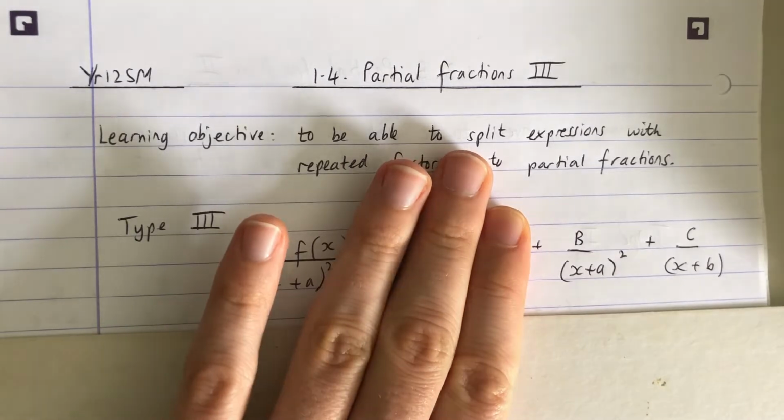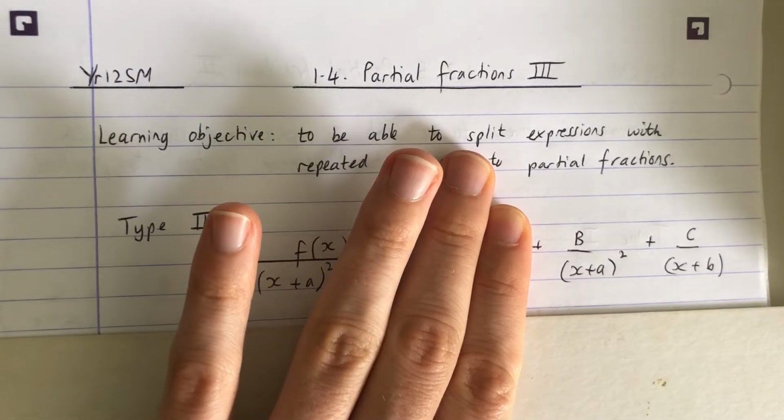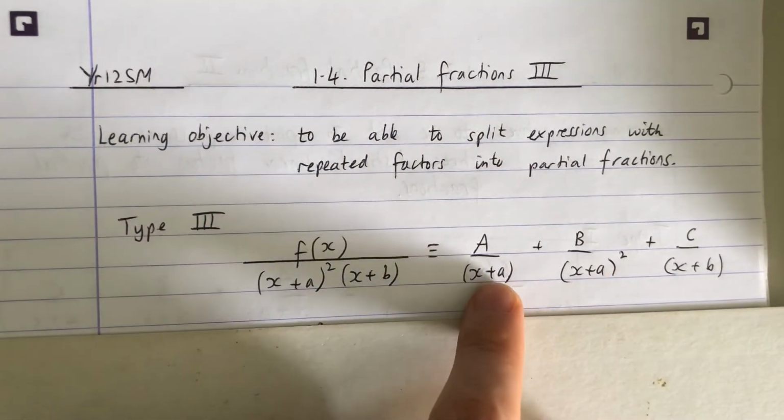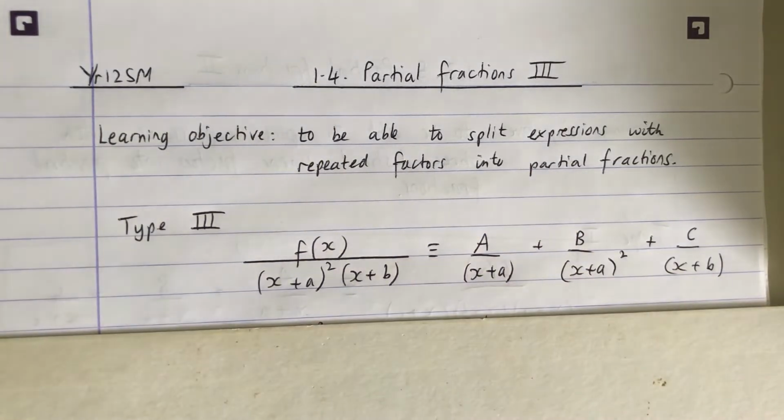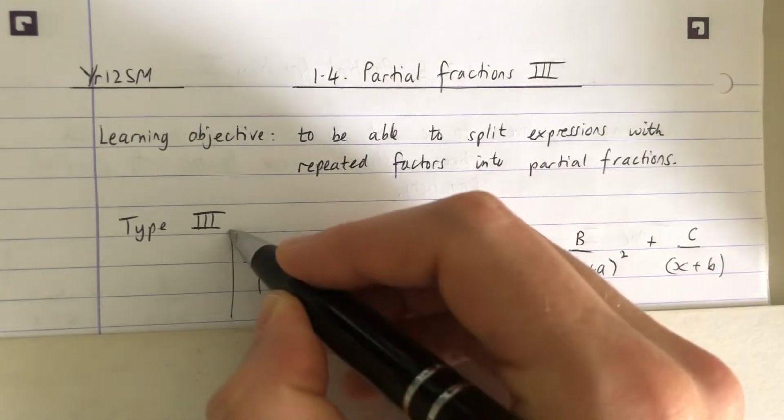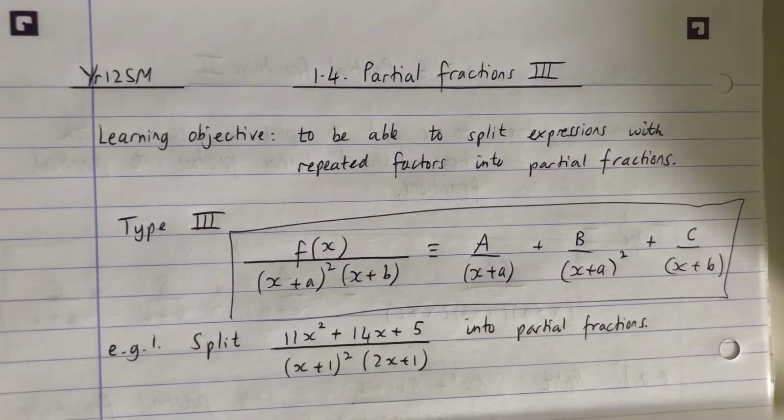So most people think it's just going to be those two, but the repeated factor appears in there once, twice, and then x plus b. And that's how this splits up, so you need to know this type.